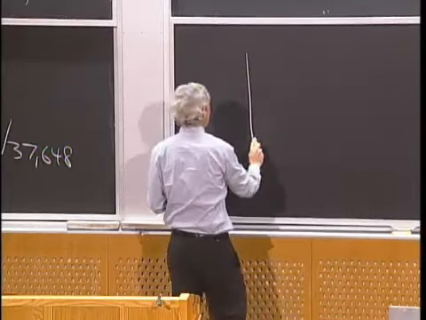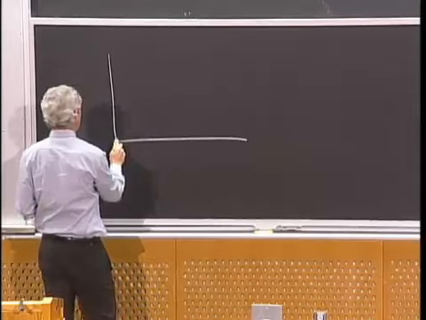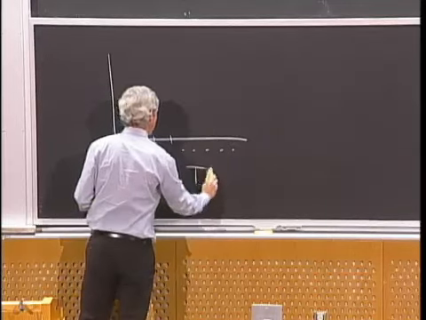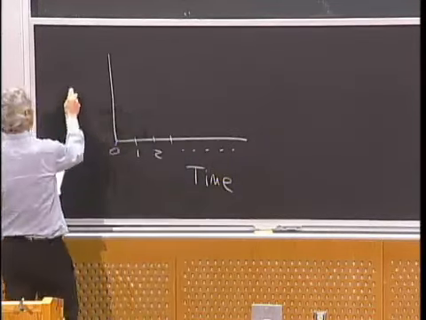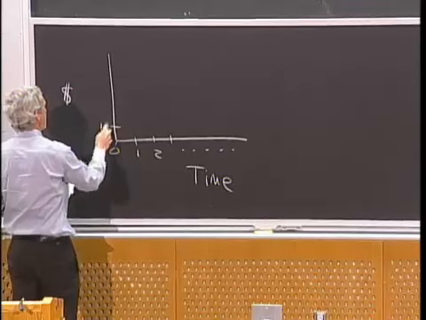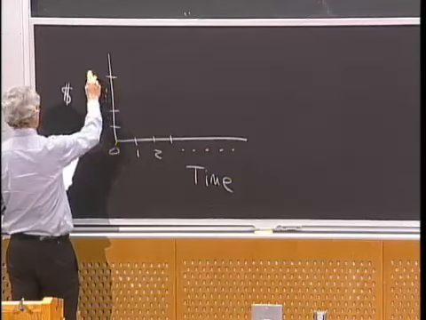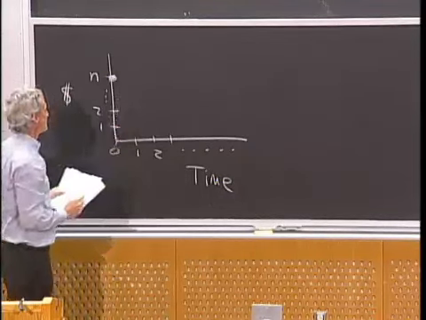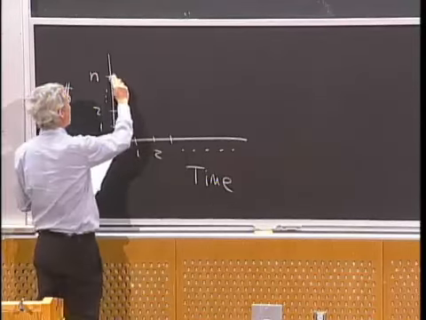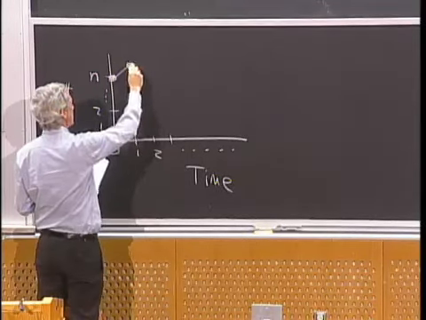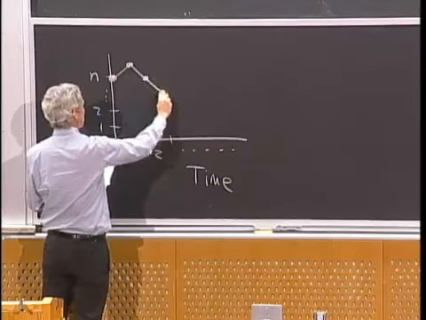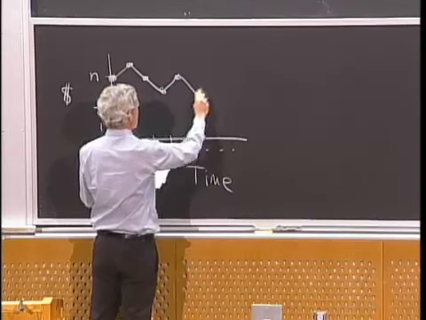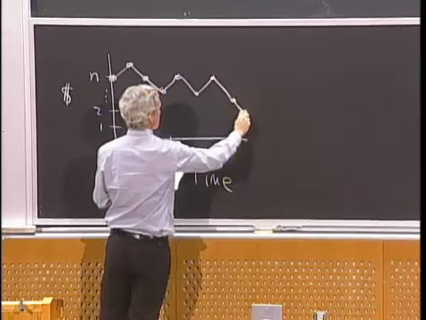And we can diagram it as follows. We can put time, or the number of bets, on this axis, and we can put the number of dollars on this axis. In this case, we start with n dollars. And we might win the first bet, so we go to n plus 1. We might lose a bet, might lose again, could win the next one, lose, win, lose, lose.